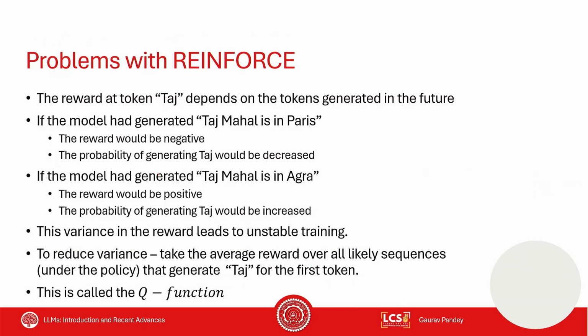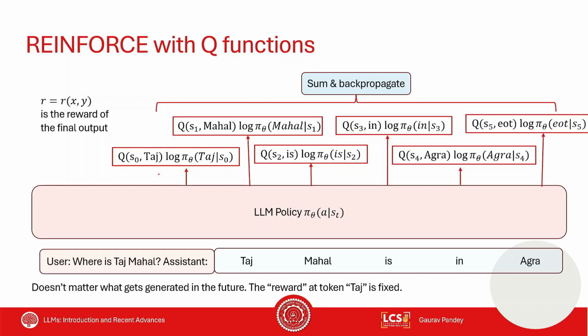So what can we do? First of all, we should convince ourselves that this is a good idea. Replacing the random reward is actually good for training, and you should replace it with something that is more stable. So what I have done here is that instead of the reward, I have replaced it with the Q function.